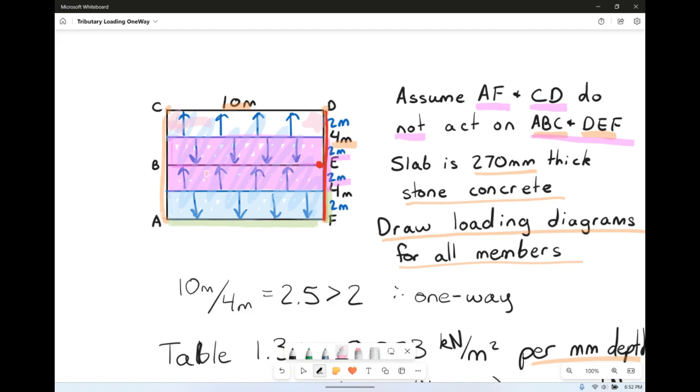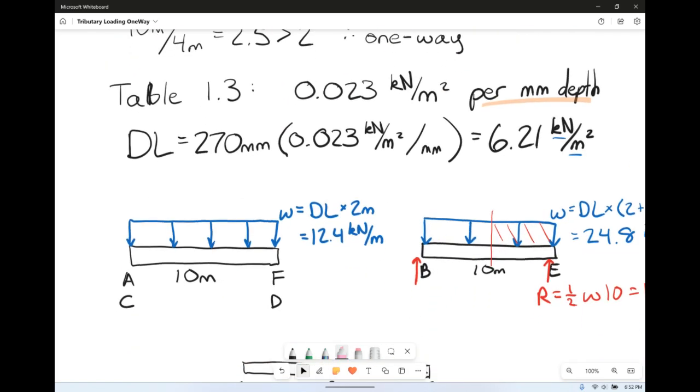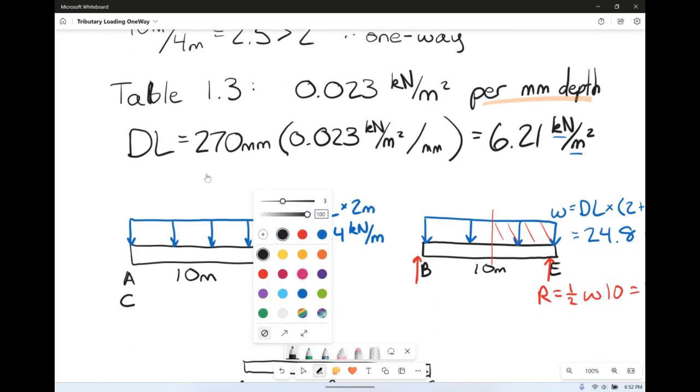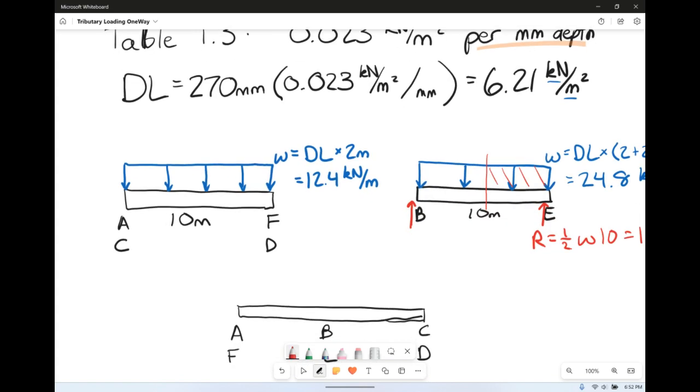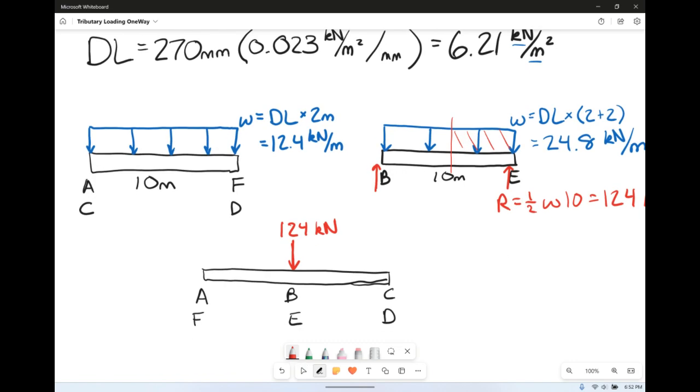So nothing's actually happening on ABC and DEF, except for the joints at B and E. So the only thing we have going on in this diagram is the point load from B and E, and that point load is going to be equal to that reaction. So this is simply 124 kilonewtons, and that's all that's actually going on with member ABC and FED.